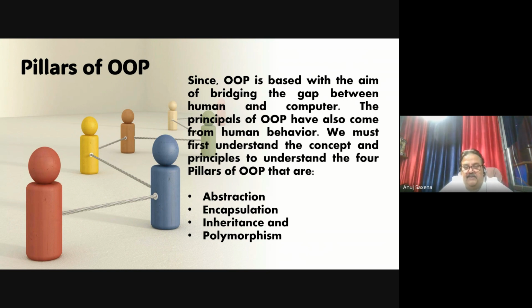Now, inheritance. Inheritance, we are all example of inheritance. We inherit properties from our father, forefather, and so on. DNA, we carry on the DNA and all. So inheritance, similarly, if a class inherits some properties from the other class, we call it inheritance in programming terms.